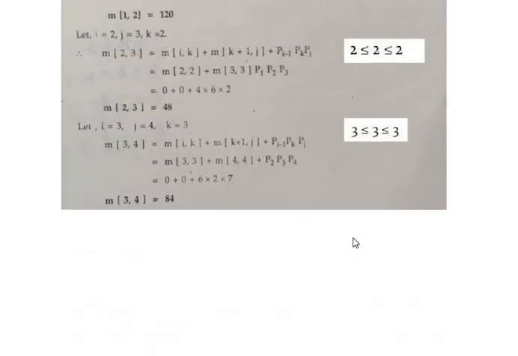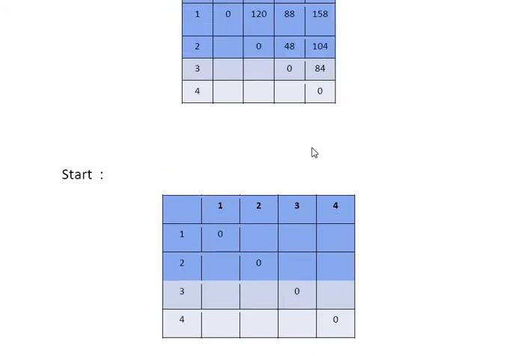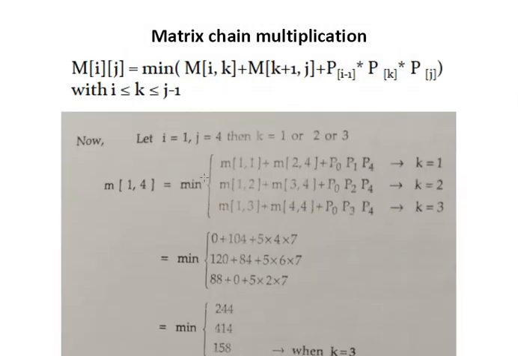Now you put the minimum value 104 here. Then next you find the final value of column 1, 4, so you find the possibilities of the equation. The equation is i less than equal to k and k less than equal to j minus 1, so the possibility is i equal to 1, put it here, and j equal to 4.